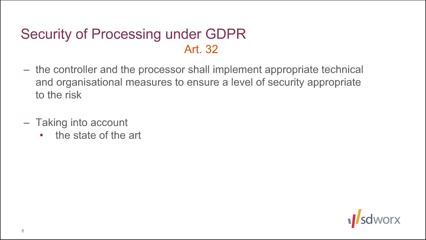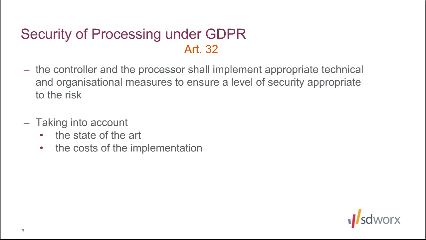It, however, also continues a bit and includes further guidance, saying that you can take into account the state of the art, which basically means the level of security that's available within the technology that you are using. What does the available technology allow you to take as measures to protect the data?